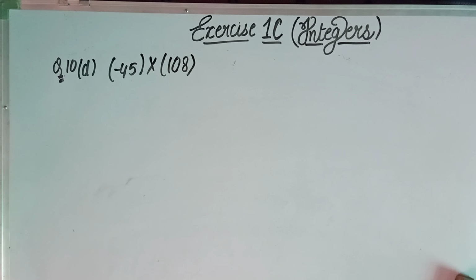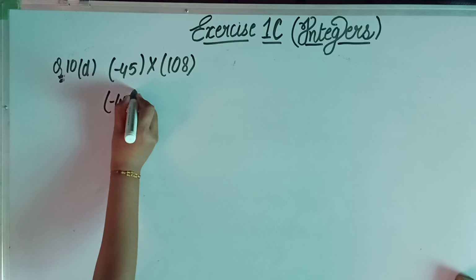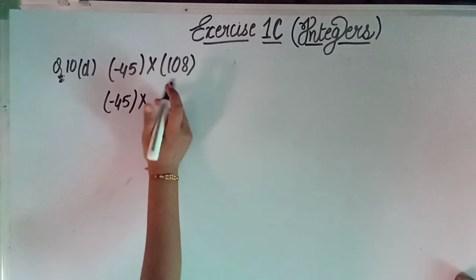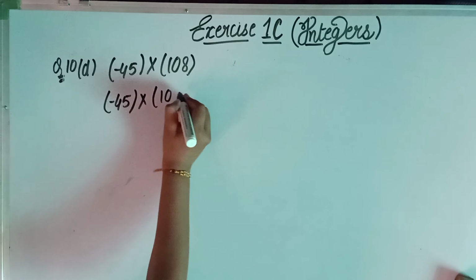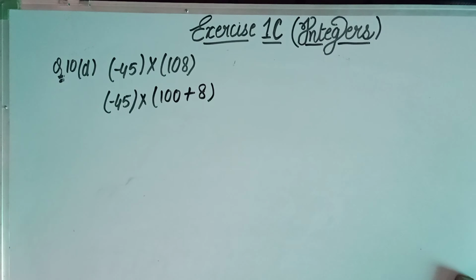So how are we going to multiply these numbers? Because it is going to be very tough to multiply, and here we need to put the property also. So what we can do, we can just expand this number. 108 we can write as 100 plus 8.